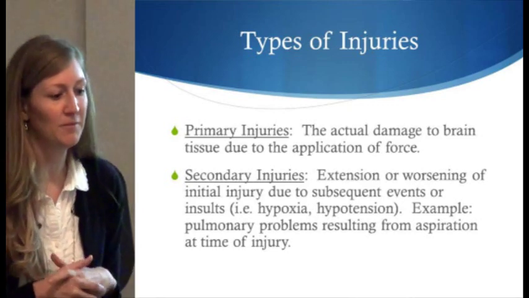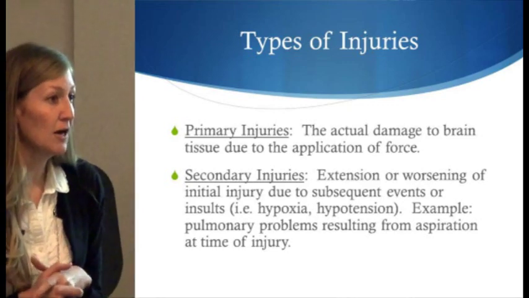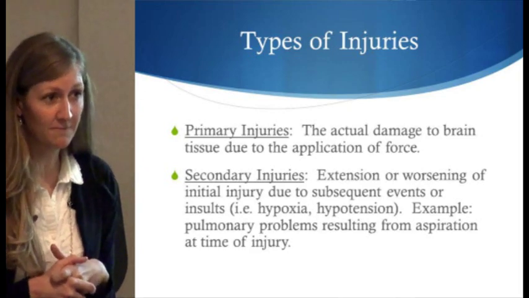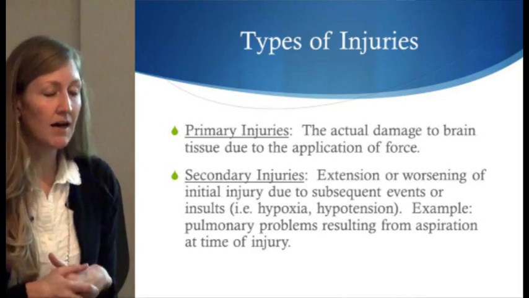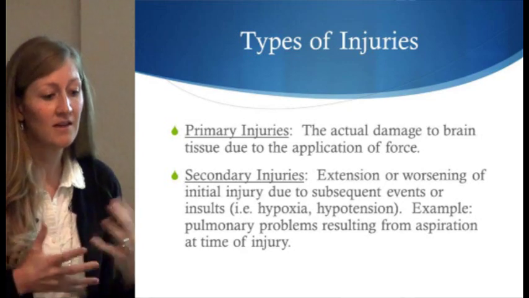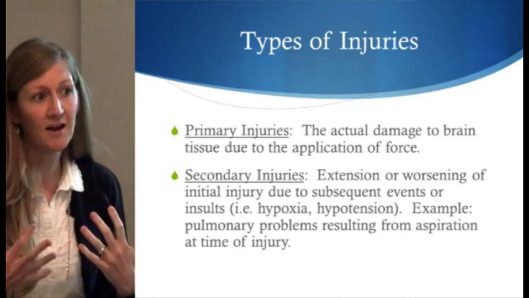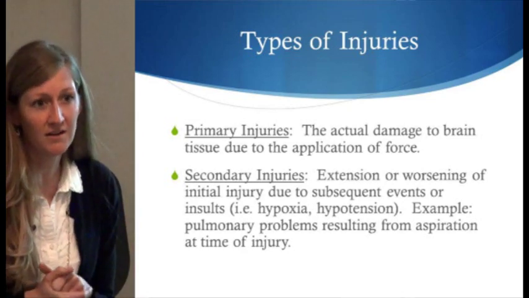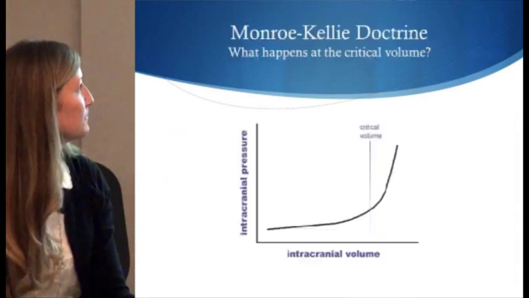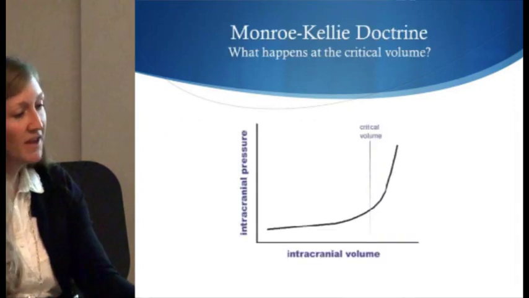You can see the example there that someone who may have aspirated because they were drunk and fell down, hit their head, now has pneumonia and is having hypoxia issues, is going to have maybe a worsening brain injury from that.